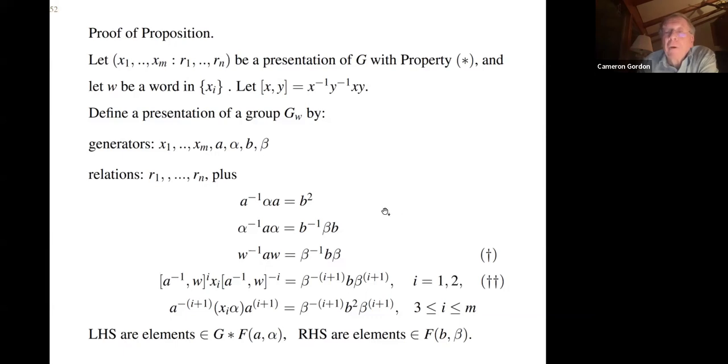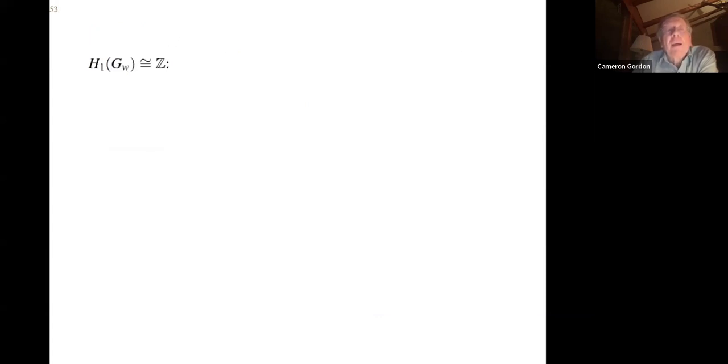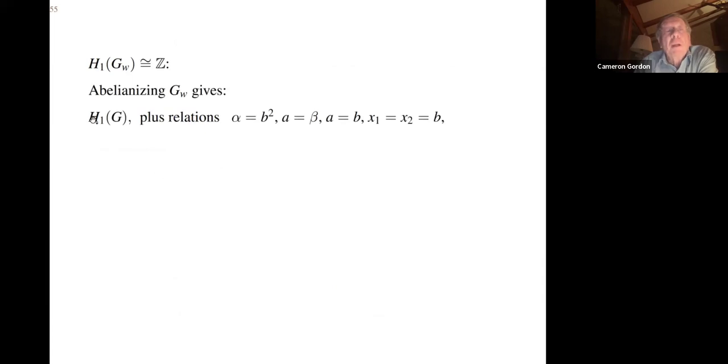I'm going to make some claims about this presentation, G sub W. This defines a group, G sub W, right? The first thing I want to claim is that the first homology of this is Z. If I Abelianize G sub W, I get Z. So let's do that. First you Abelianize G, so you get H1 of G. Then let's go back and look at the relations.